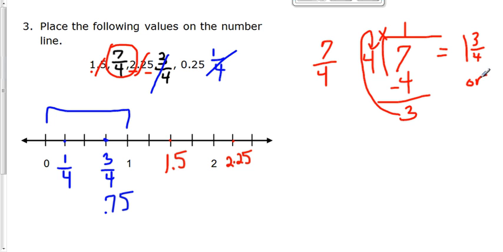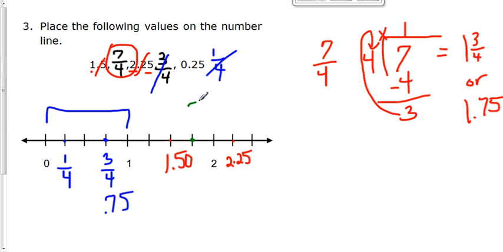Which is the same thing as, 1 and 3/4 are your quarters, so 75 cents. So 1.75. If this is my 1.50 here, this has to be my 75 cents right here before my $2.